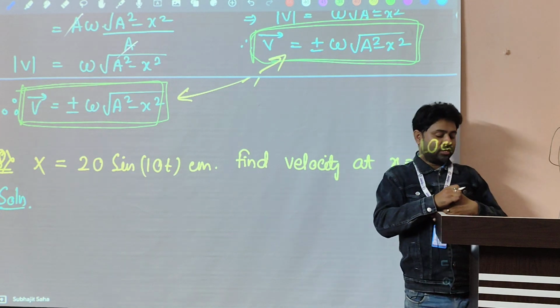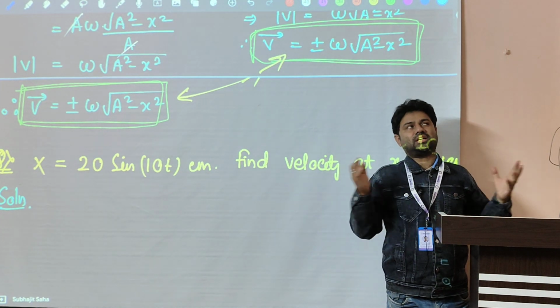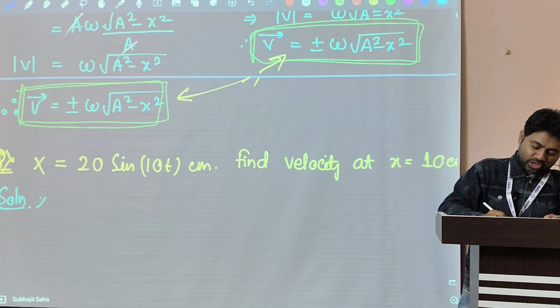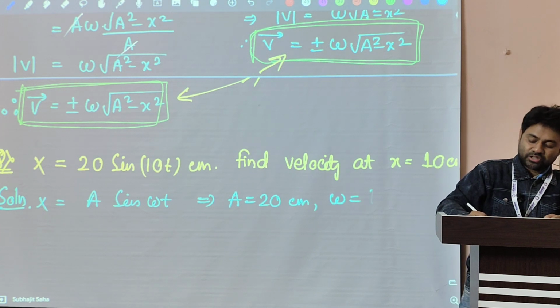Displacement of a particle is given. We have to find the velocity at a distance of x equal to 10 centimeter, that is half the amplitude. So just compare the equation with the form x equals a sine omega t. You will instantly get a equals 20 centimeter and omega equals 10 radian per second.